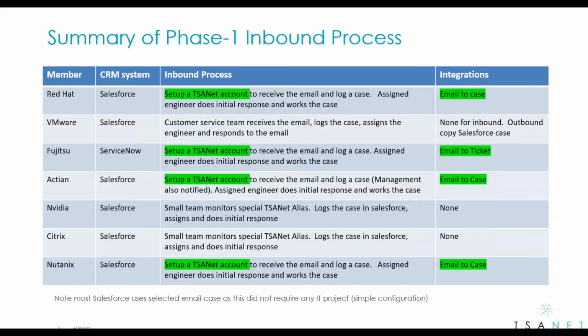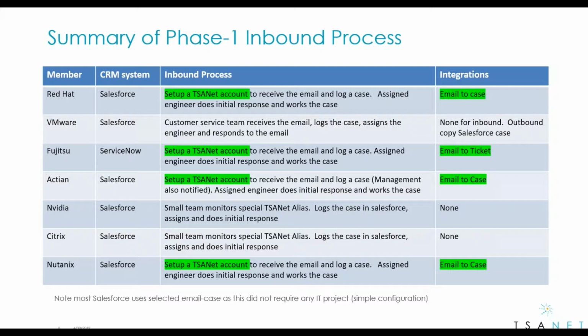Salesforce has one. You can see ServiceNow is on here as well. So most systems have the ability to take an email and transact it into a case. So they set up a unique account for TSANet, and that allows them to set up entitlements and triggers and workflow specific for that.